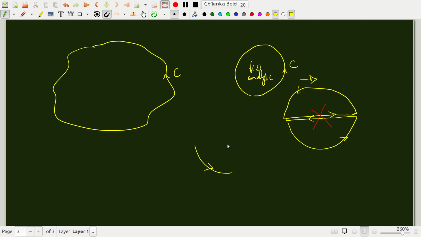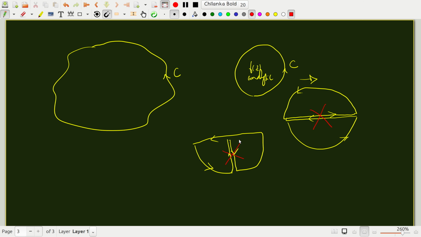It comes like this, goes, okay, and then comes back, goes, and then comes back like this, okay. So here again I can show that these two things cancel out, giving rise to this semicircle.